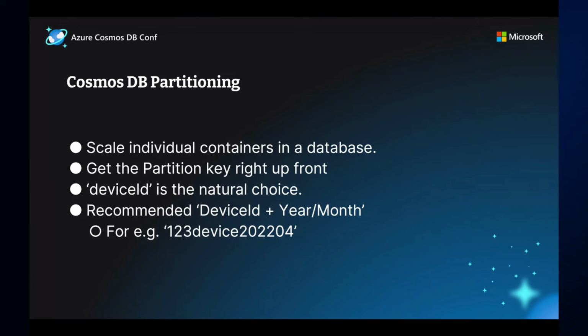Cosmos DB partitioning. Cosmos DB lets you query your data with very low latency at any scale. In order to achieve this, it needs to spread your data out in shards or different partitions with some identifier, and this is your partition key.